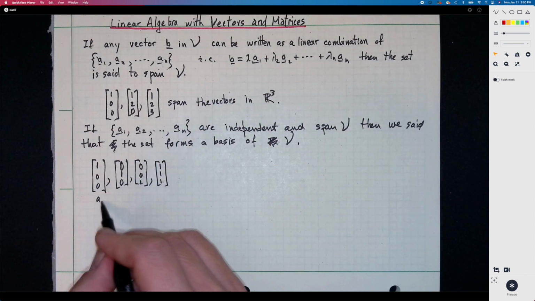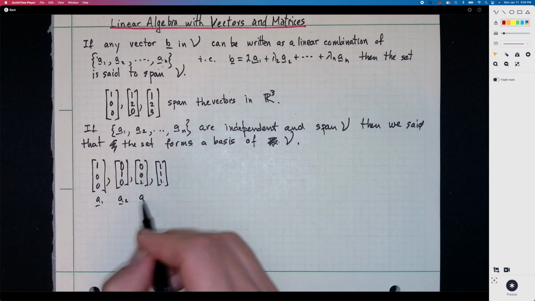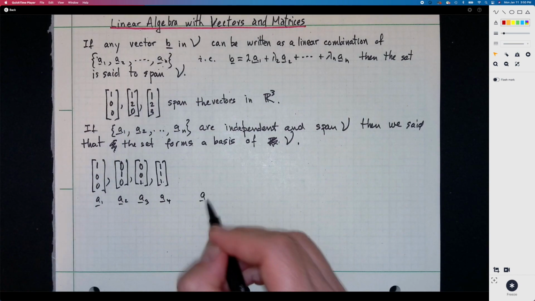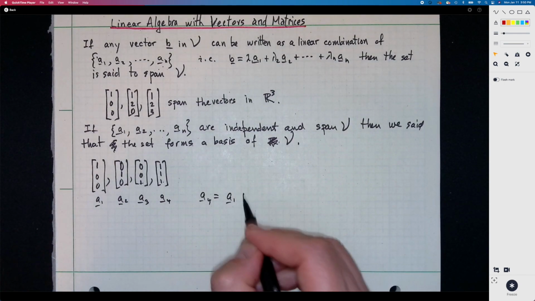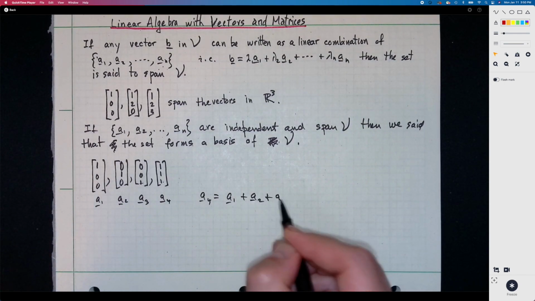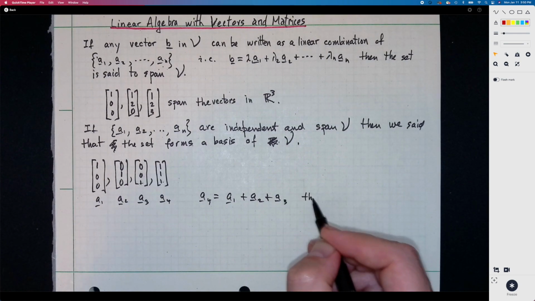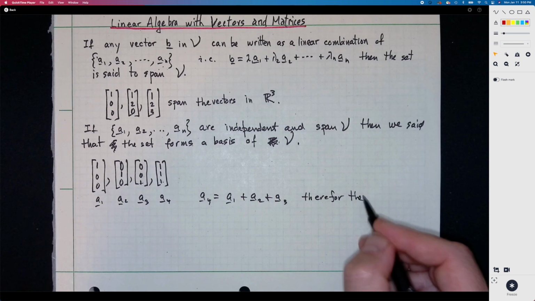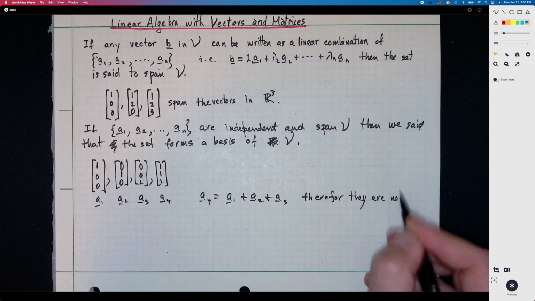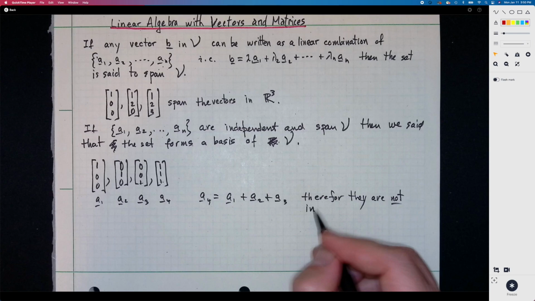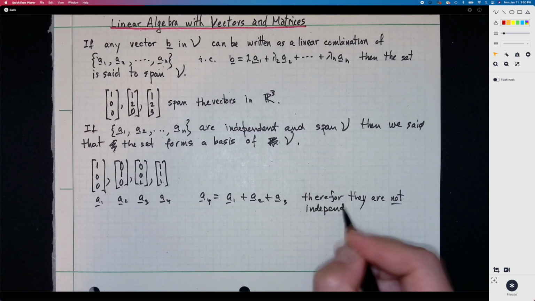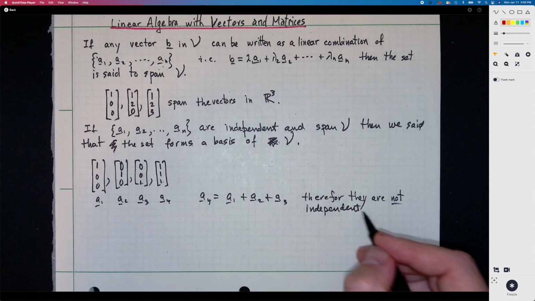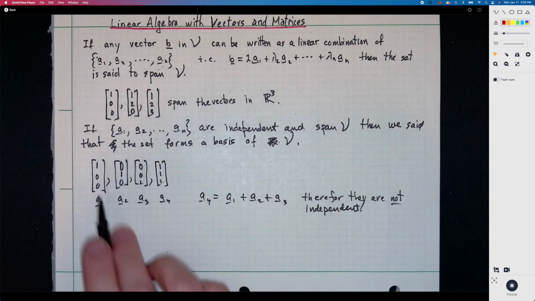So if this is A1, A2, A3, and A4, then A4 is equal to A1 plus A2 plus A3. Therefore, they are not independent. So even though they span the space, they cannot be a basis.